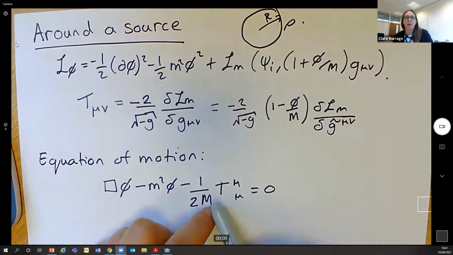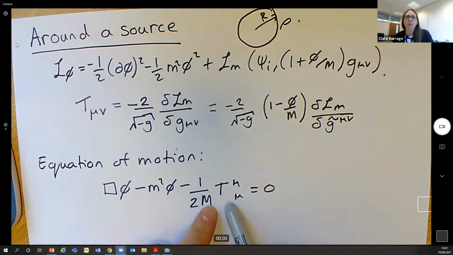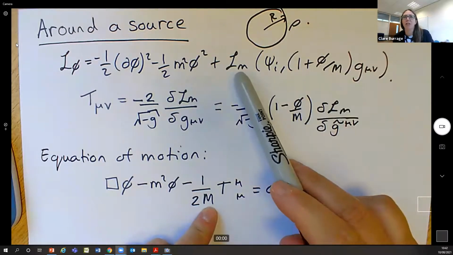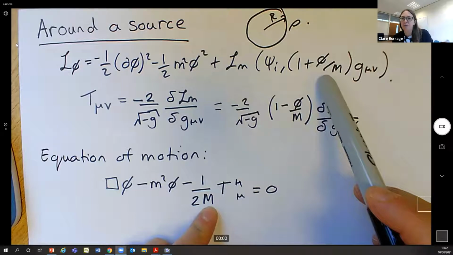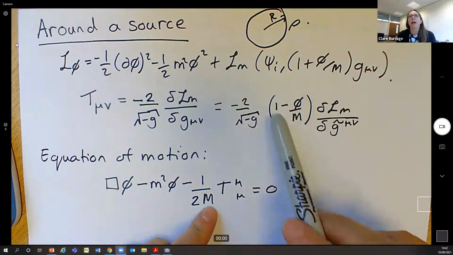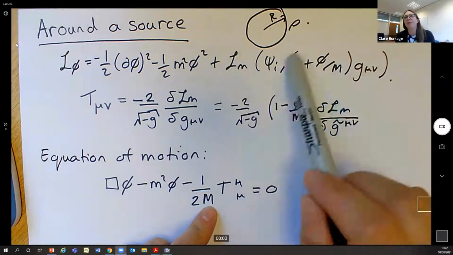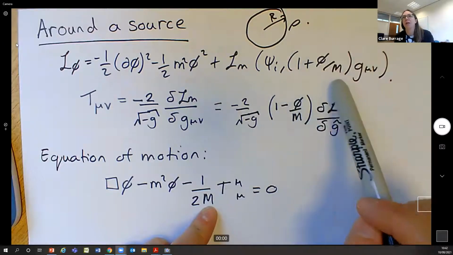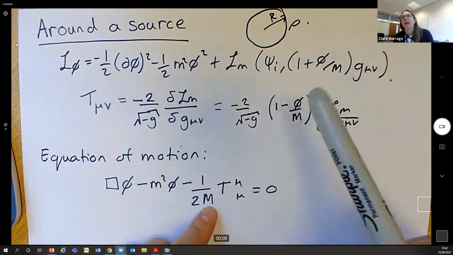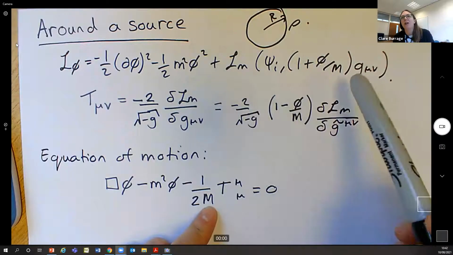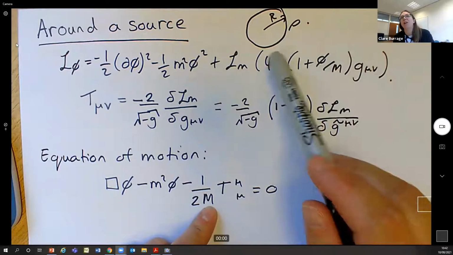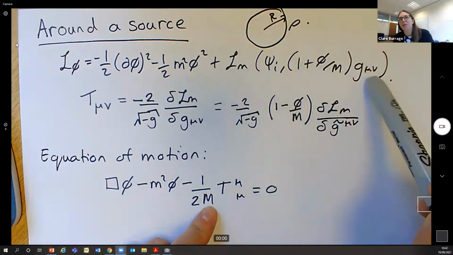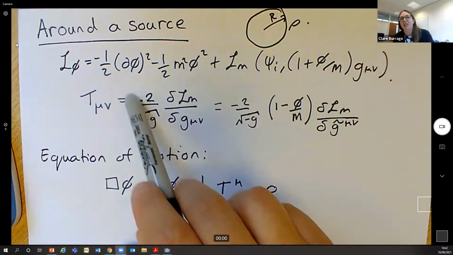The form of this term here comes from the fact that our matter Lagrangian now depends on our scalar field, where the scalar field is always multiplying the metric. So we use the fact that the variation of the matter Lagrangian with respect to the metric is an energy momentum tensor.